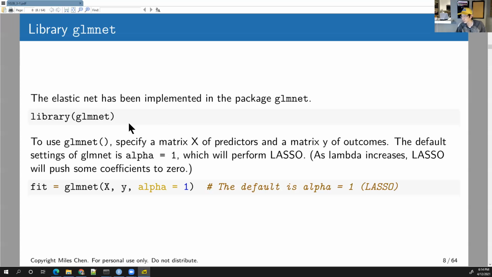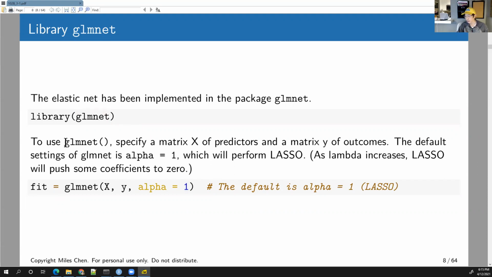Okay. ElasticNet has been implemented using the package glmnet. I have to confess, I don't use glmnet very frequently, so I'm only marginally familiar with some of these commands. But glmnet implements ElasticNet, and that basically implements lasso and ridge regression, because you can choose alpha equal to 1 if you want lasso, or alpha equal to 0 if you want ridge regression.